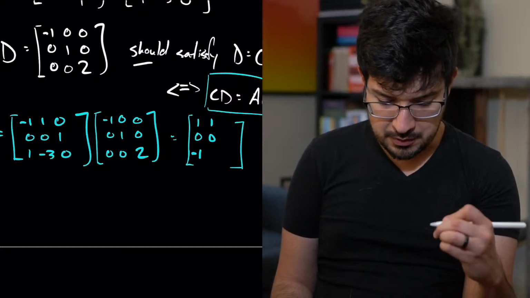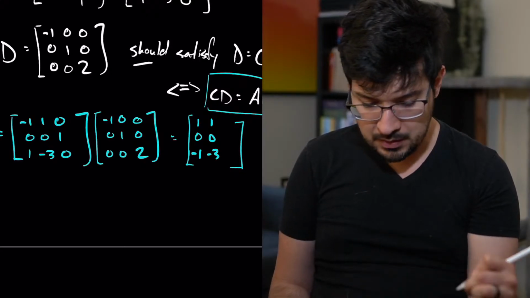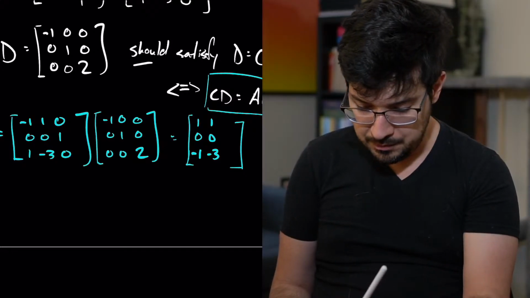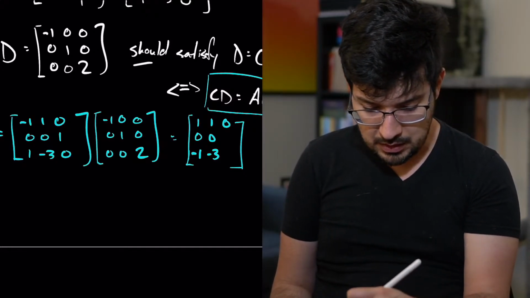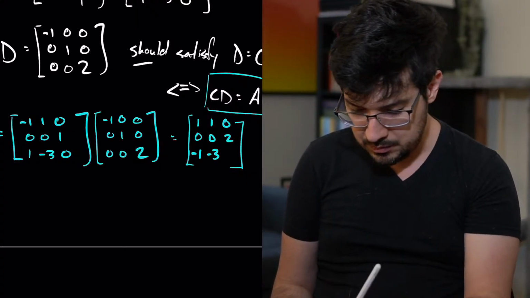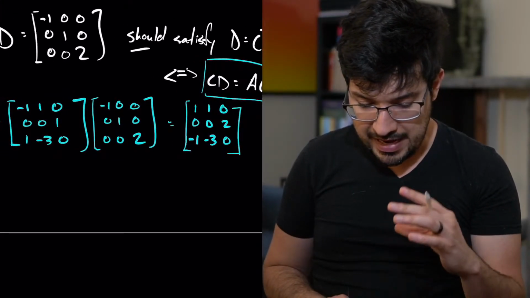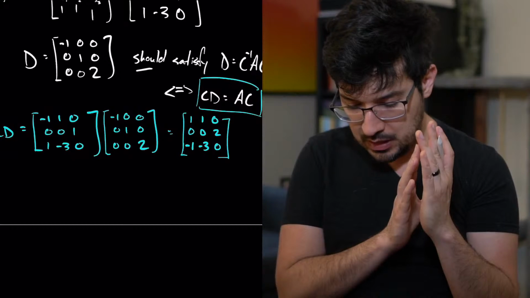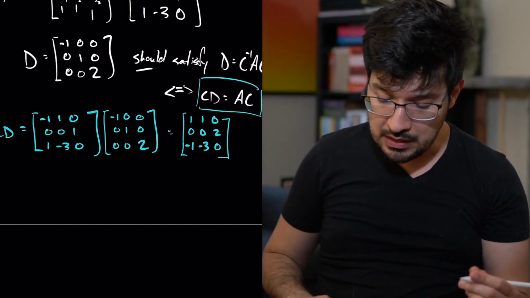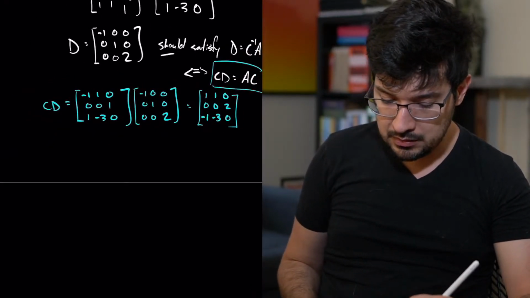Third row dot product second column is -3. All right, first row and third column is 0, 2, and 0. So that was indeed -1 times the first column, 1 times the second column, and 2 times the third column. Multiplying C times D should be pretty easy, generally.